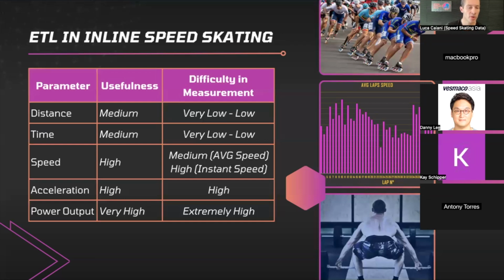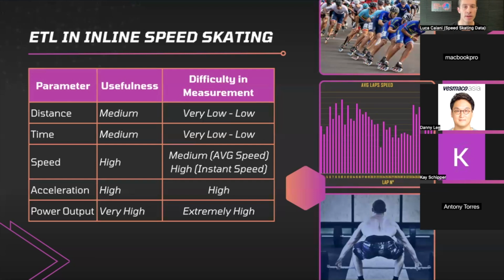And then we have the power output, which is extremely difficult to measure in speed skating. For now it's almost impossible, because speed skating is a pretty varied sport. You run in circles, but it's pretty hard to say what your power output is. If you are interested in cycling, you already know that power meters are very widely diffused.